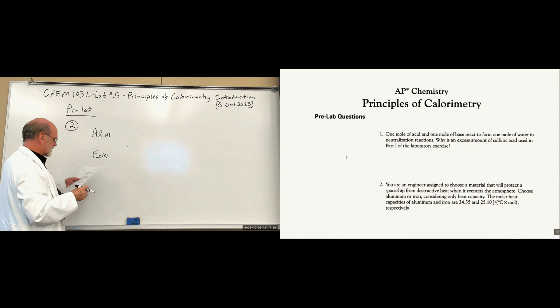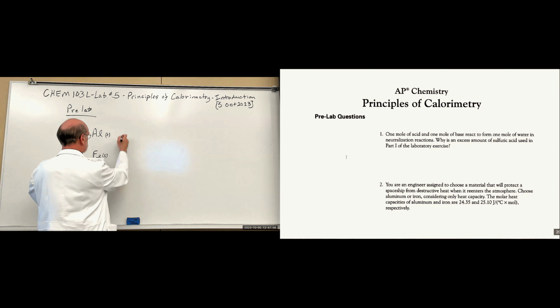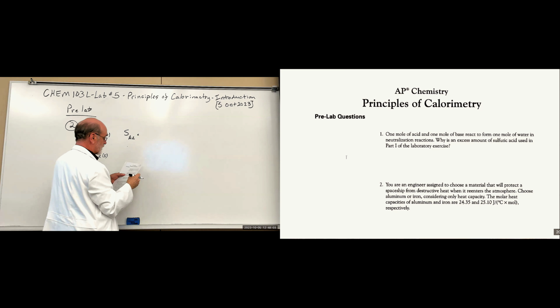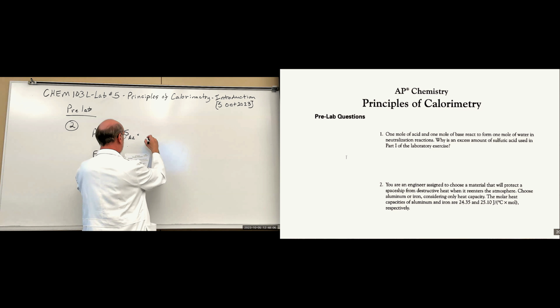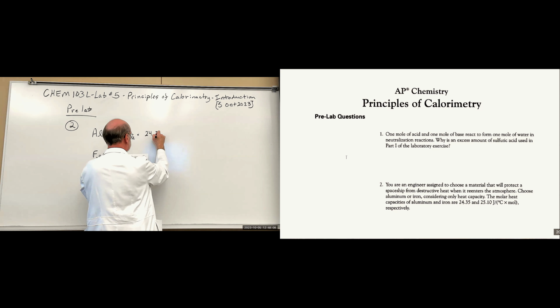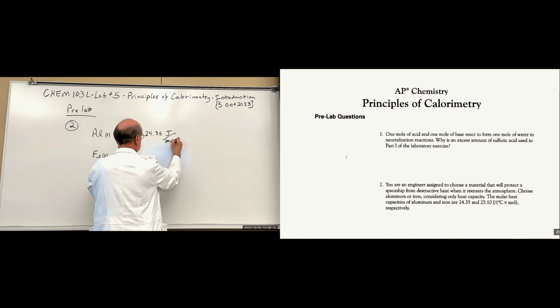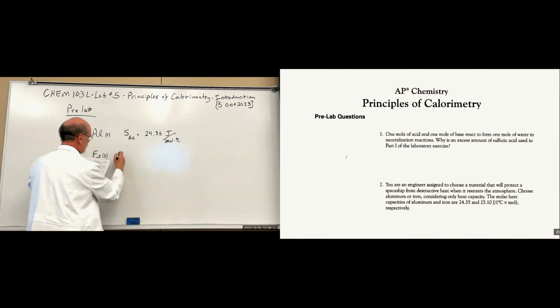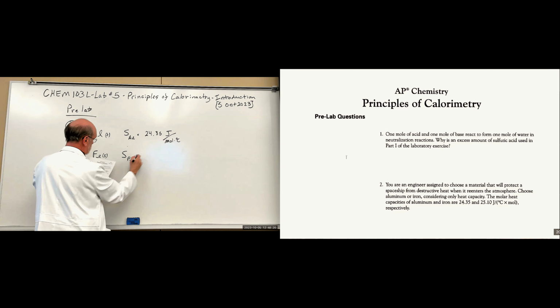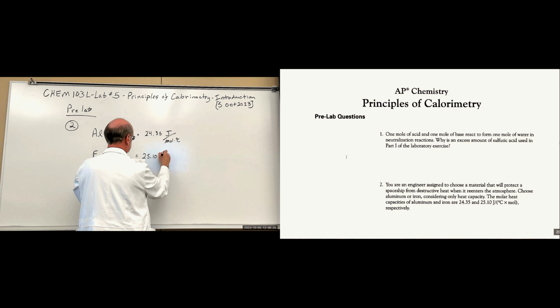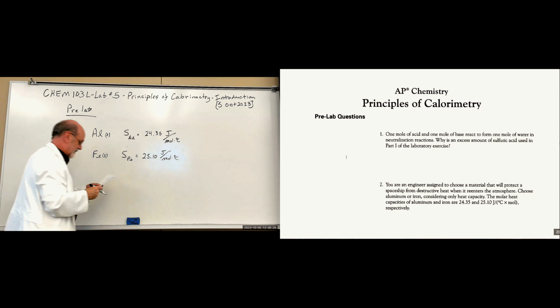The molar heat capacity of aluminum, so this one, the molar heat capacity is 24.35 joules per mole degree C. And for iron, it's 25.10 joules per mole degree C. Okay.